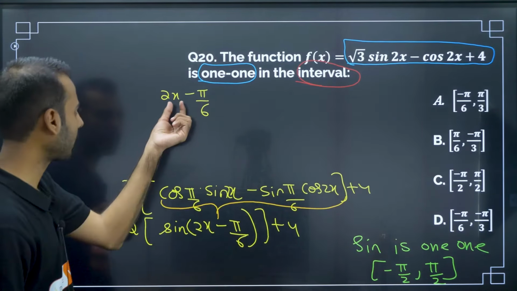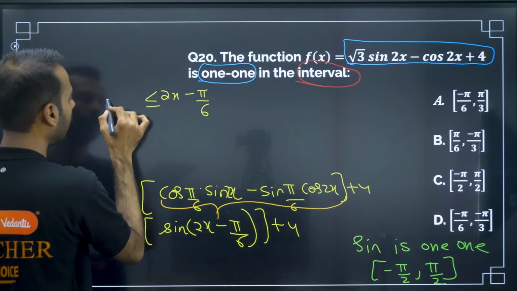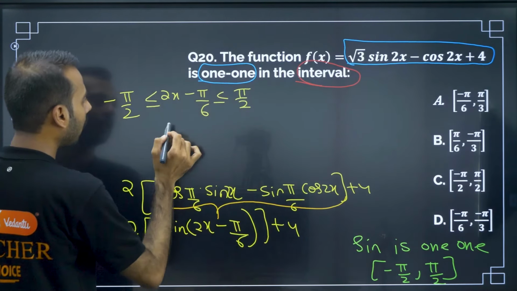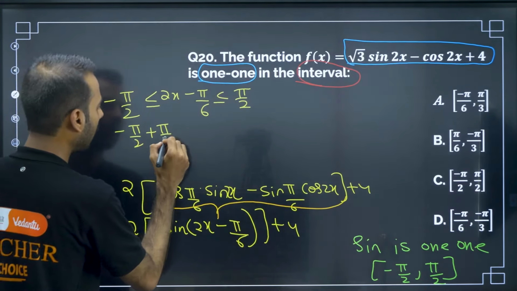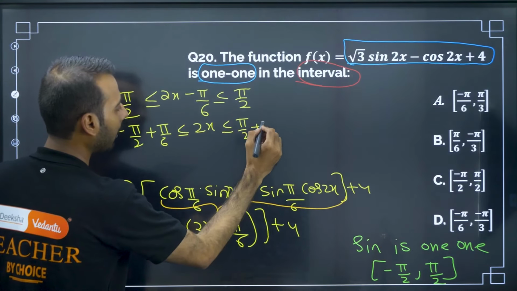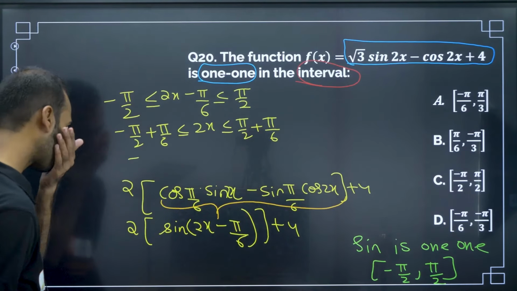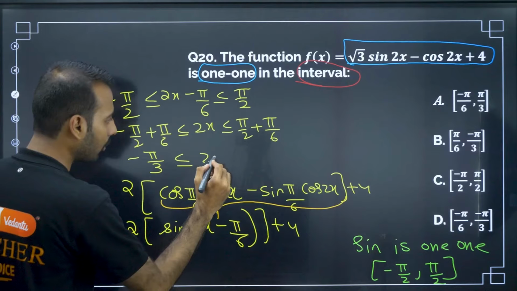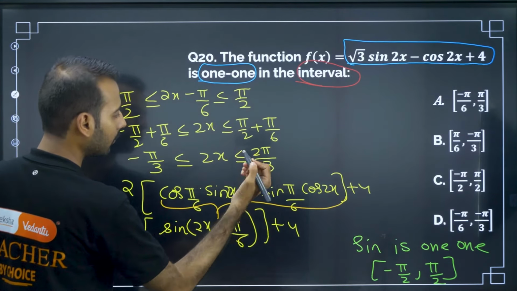So this 2x minus pi by 6 has to be from minus pi by 2 to pi by 2. If I add pi by 6 on both sides, minus pi by 2 plus pi by 6 is less than or equal to 2x, which is less than or equal to pi by 2 plus pi by 6. Simplifying, minus pi by 3 is less than or equal to 2x, which is less than or equal to 2 pi by 3.